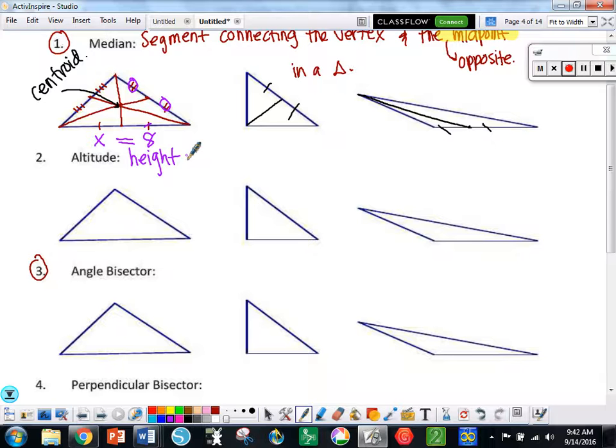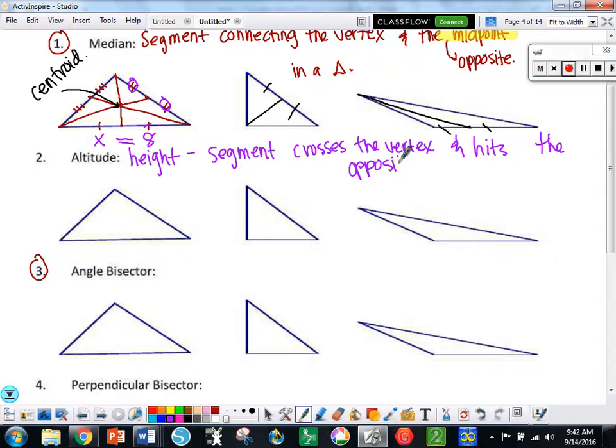Now, the height is a segment that crosses the vertex and it hits that opposite side at a 90-degree angle.